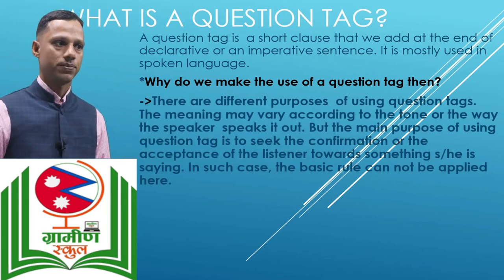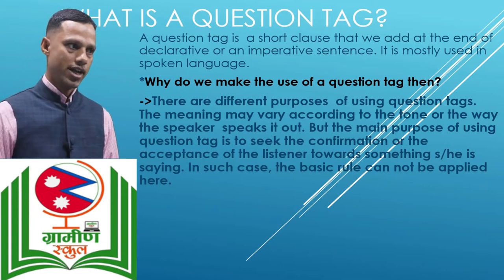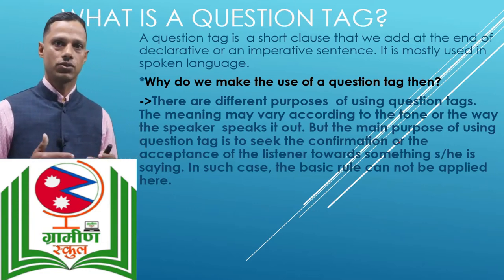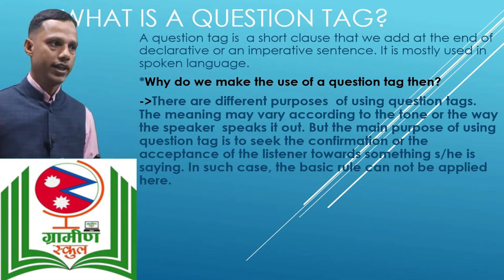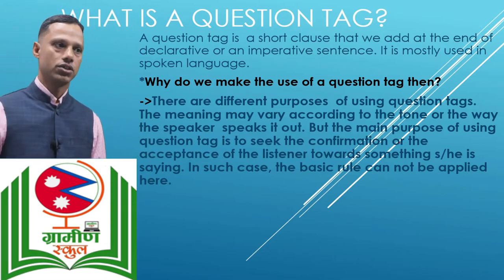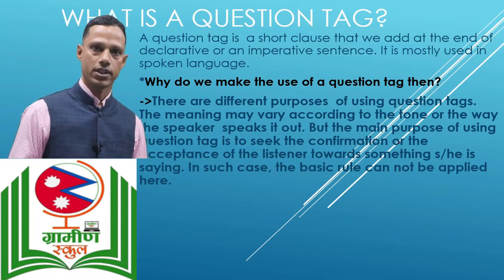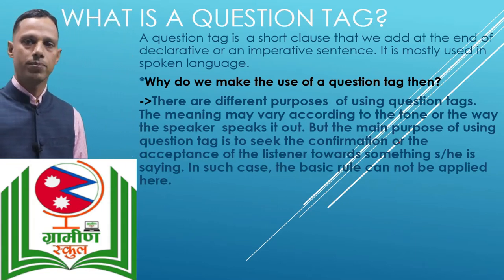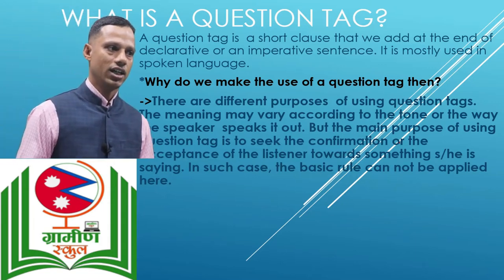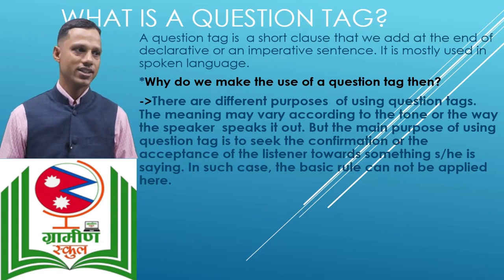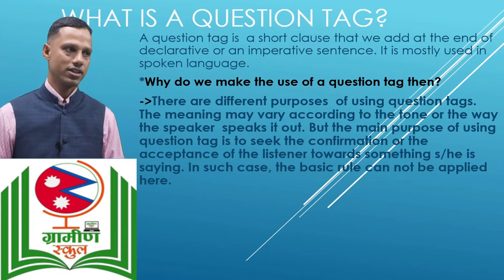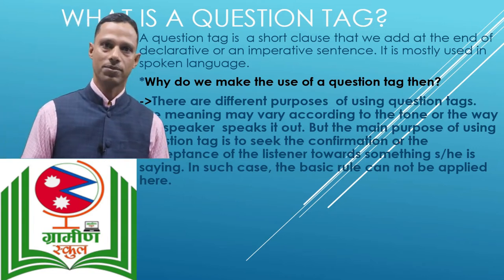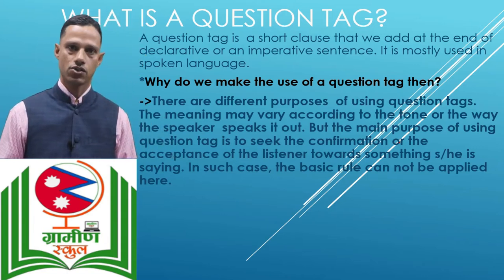There are different purposes of adding question tags to the statement that we make. The meaning may vary according to the tone or the way the speaker speaks it out. But the main purpose of using a question tag is to seek the confirmation or the acceptance of the listener towards something he or she is saying.